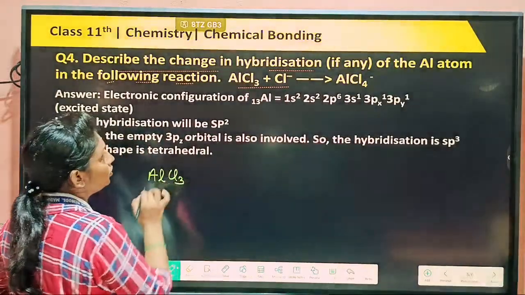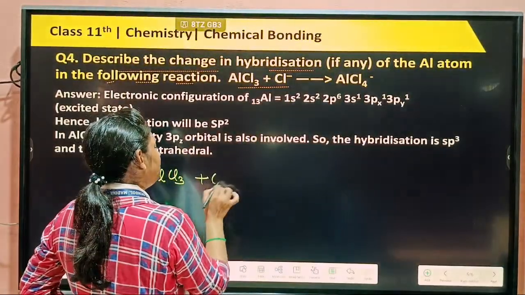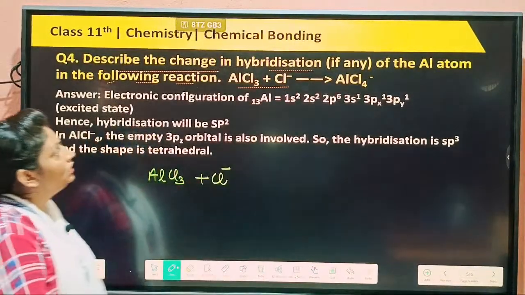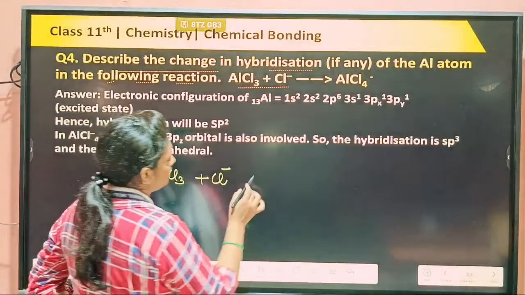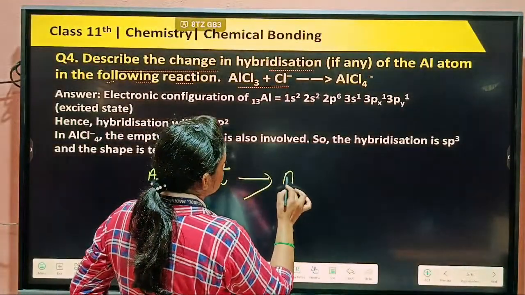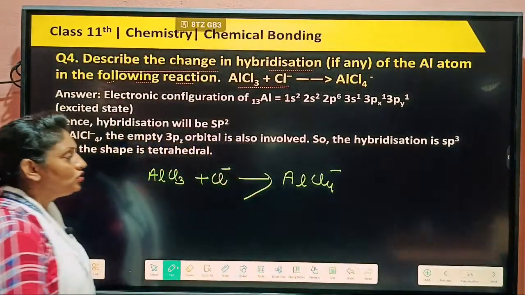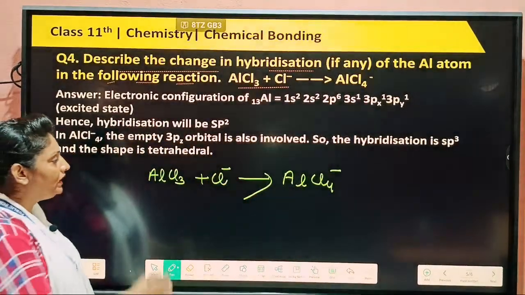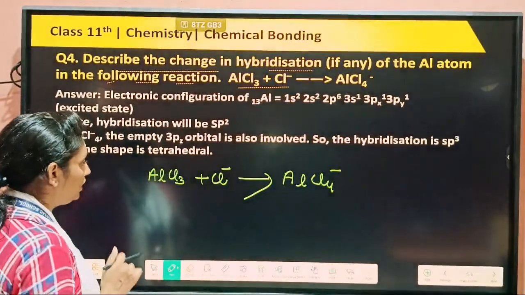AlCl3, aluminium chloride, if it reacts with Cl negative, meaning if it combines with this, then it converts into AlCl4 negative. Students, what will be the difference in hybridization?